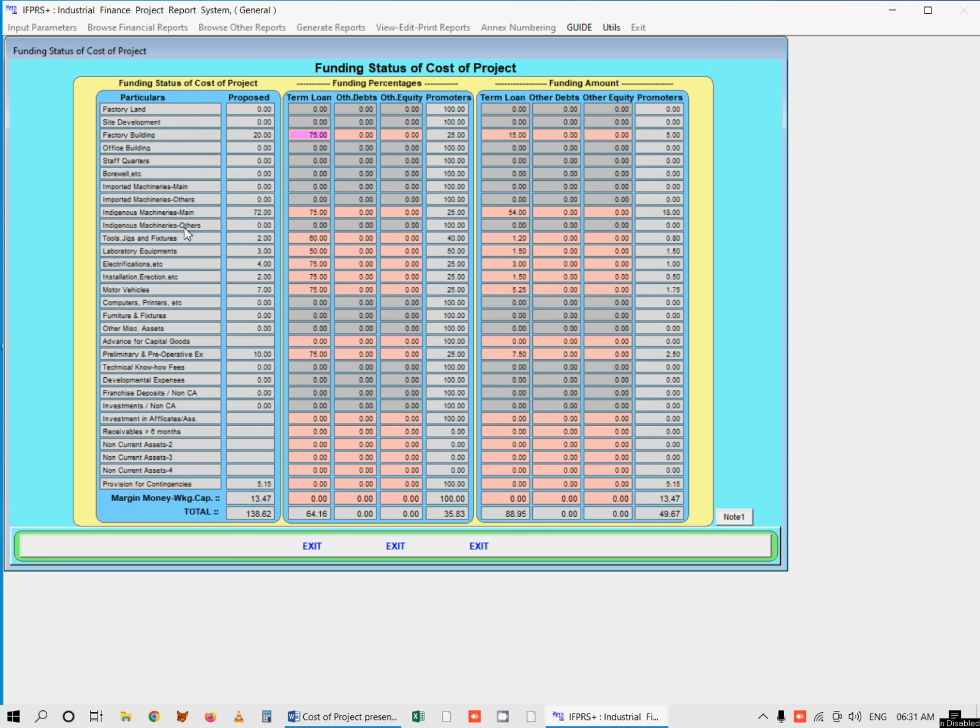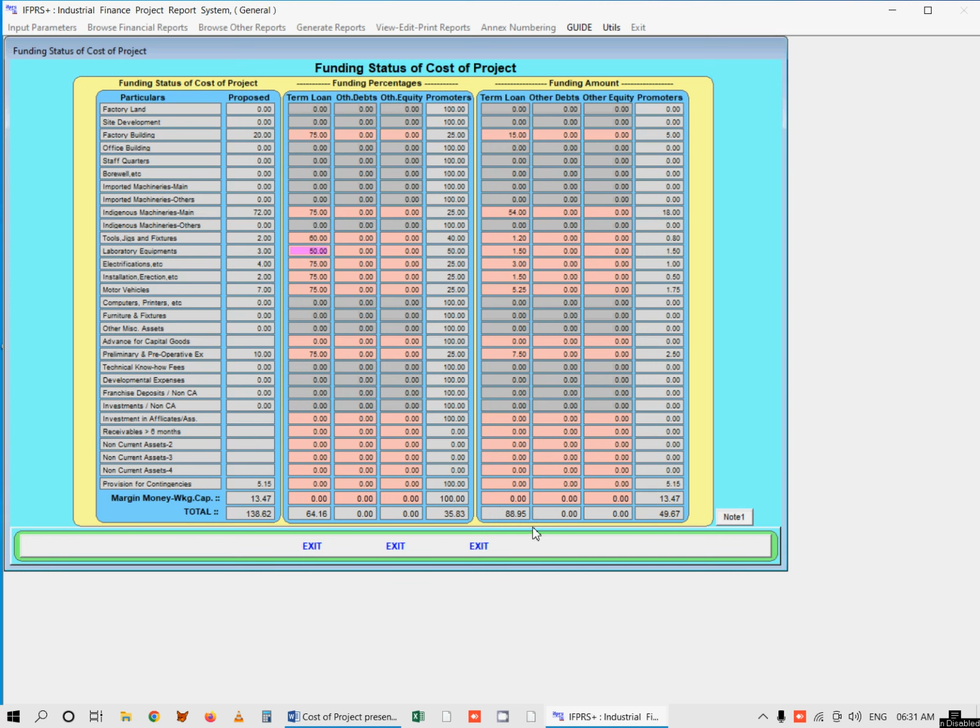Machinery and equipment usually at 75%, whereas tools and fixtures at 60%, and whereas most banks fund 50% for molds and dies. Accordingly, as the case to case, you arrive at the term loan as per respective assets coverage.